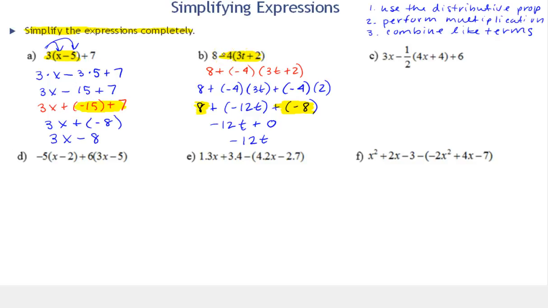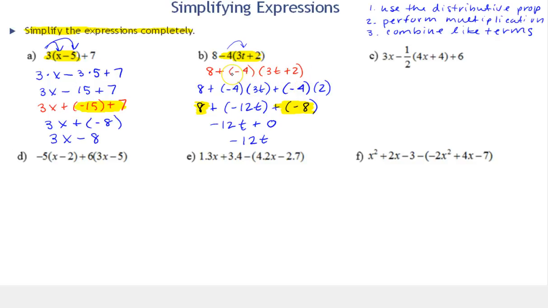I see negative 4 times 3t is negative 12t, and negative 4 times 2 is negative 8. What can be problematic is that sometimes people leave out the addition sign here and turn it all into multiplication. So this can be a little bit confusing.